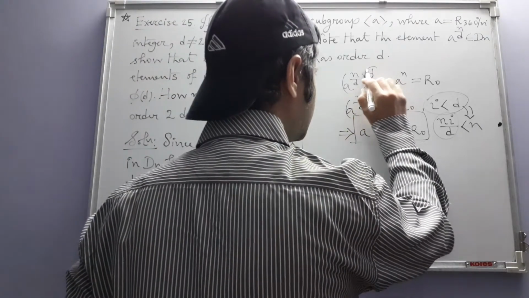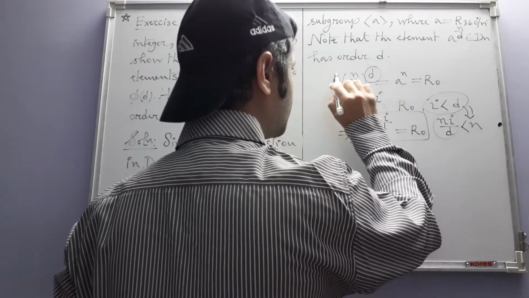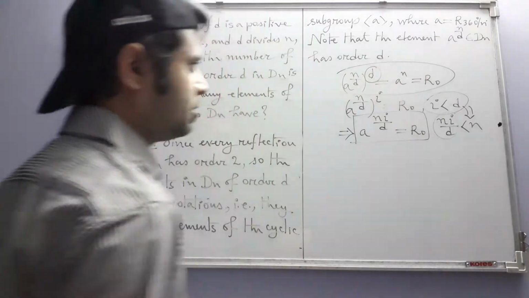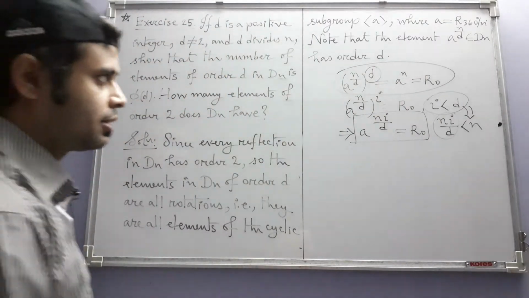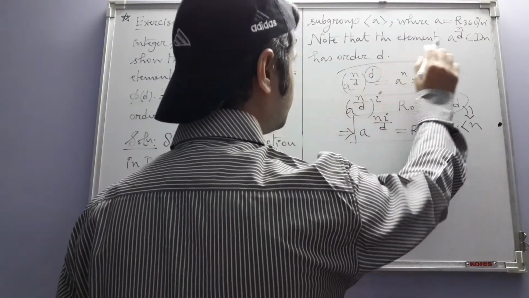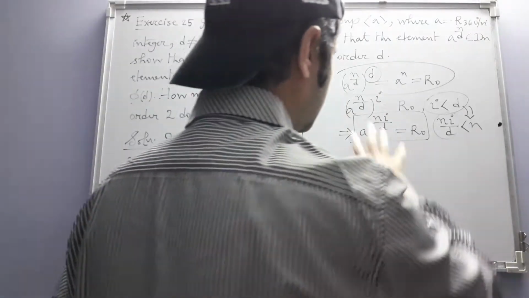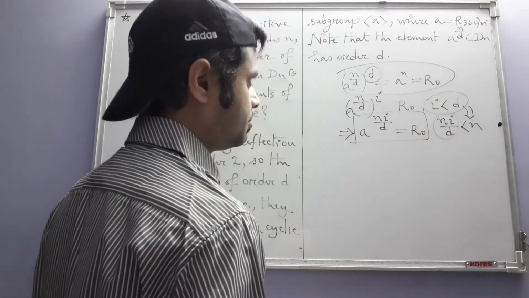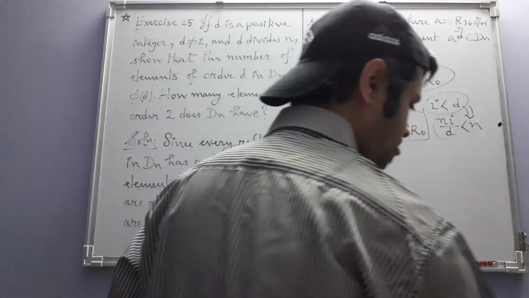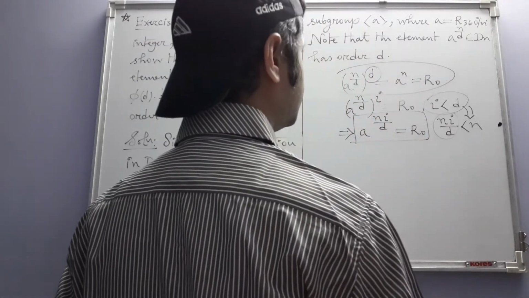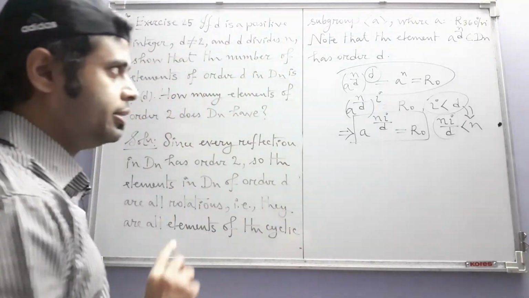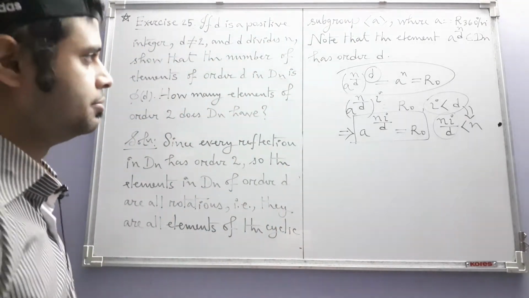So d is the smallest positive integer for which this equation is true, and that is why d is the order of a to the power n by d. That's what we have written here. So this is the justification. Now we have found one element in Dn of order d.